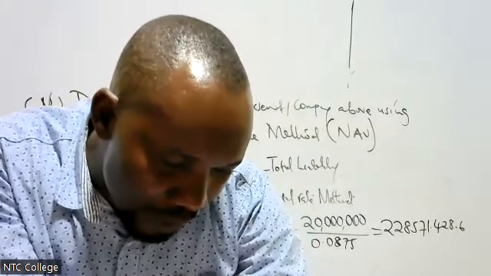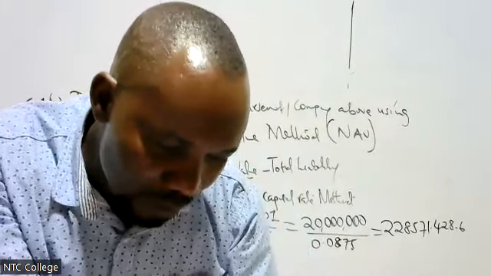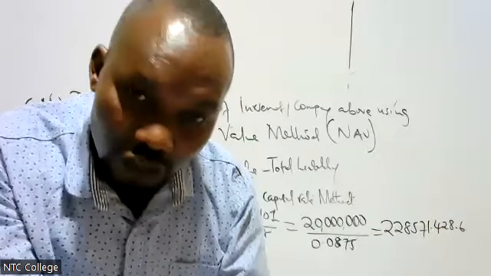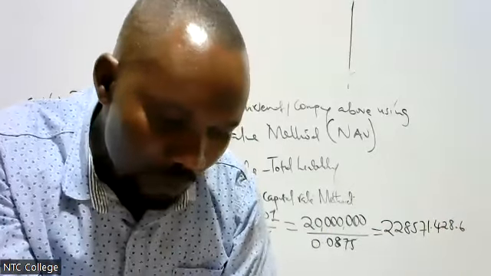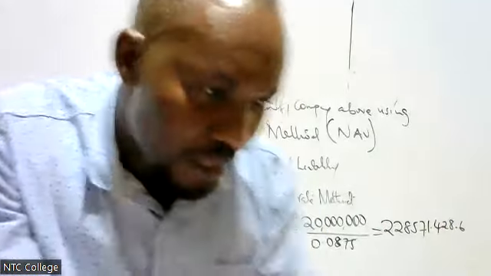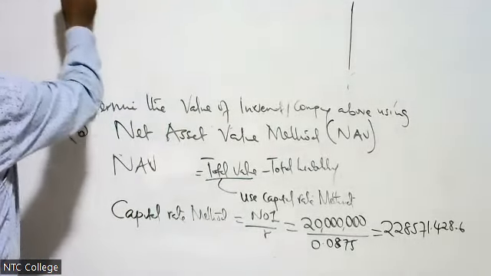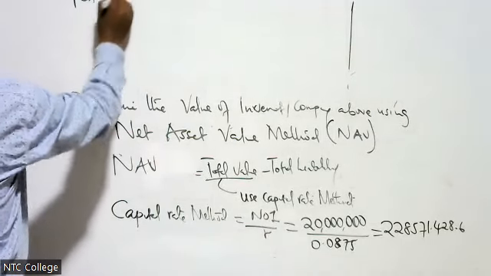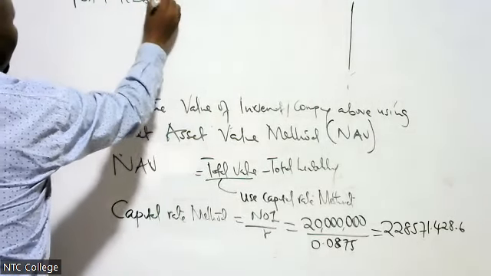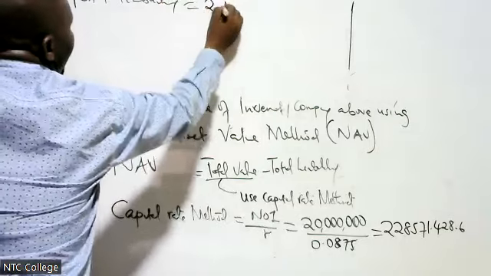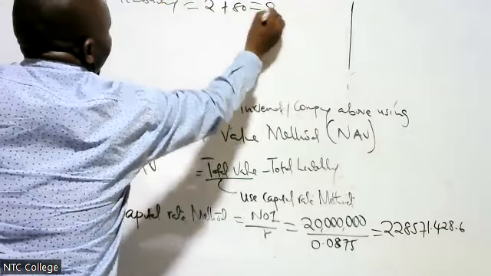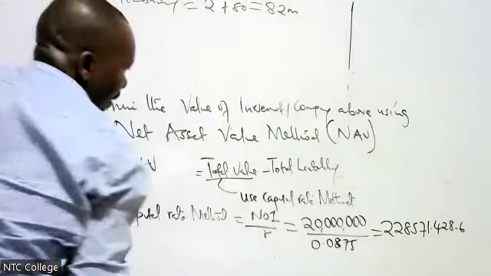Alafu kuna equity. So the liabilities are just short term liability plus long term, which is mortgage. Equity is not part of liability. So ukiambiwa calculate total liability, just remove equity, the balance is that. So total liability was 2 plus 80, which gives you 82 million.